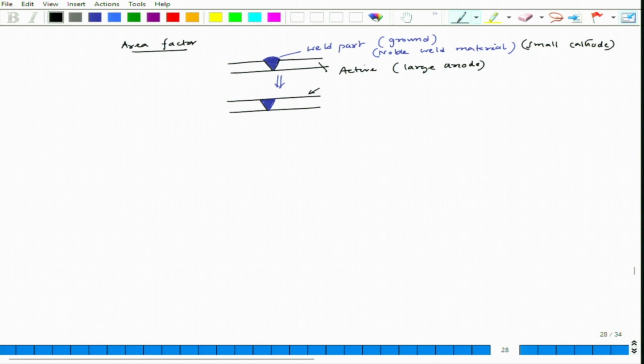Now, so now the point is, let's say we have joined by welding and the weld material is noble, whereas the parts which are welded are active to that particular noble material, the weld part, which follows this large anode and small cathode as per our theory, thumb rule.